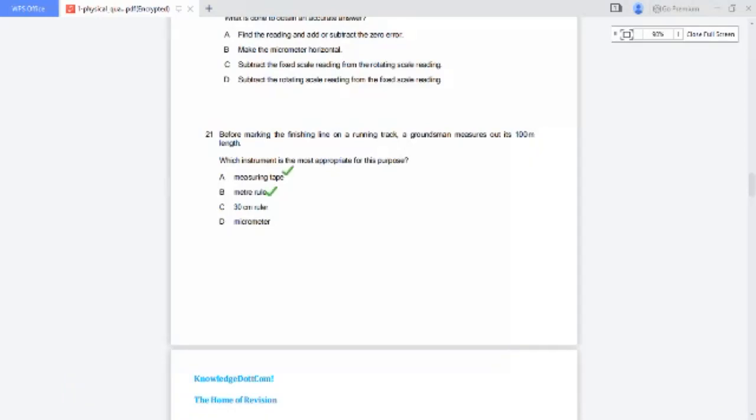We will filter out the other ones, and micrometer. Now meter rule is only 1 meter in length, and measuring tape can measure more than 1 meter. So measuring tape is the better option.